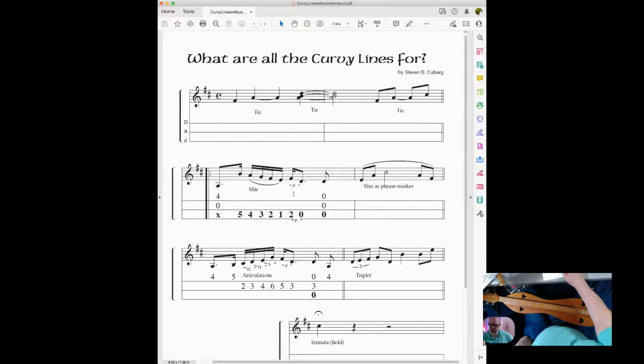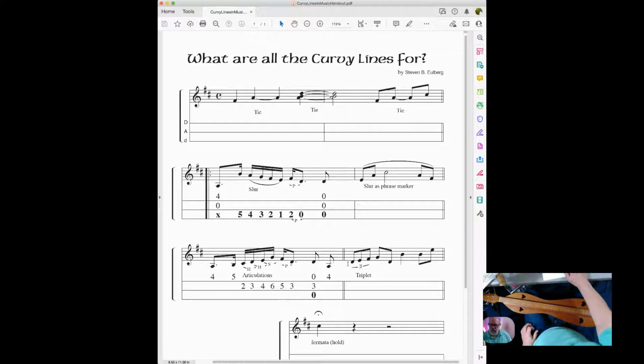So hammer-ons can only go up, pull-offs can only go down, slides can go both directions, and bends always start somewhere. Sometimes they start bent and release to the unbent note. Sometimes they start on the unbent note and move to the bent note. Sometimes you only play the bent note. But B is the indicator for that.